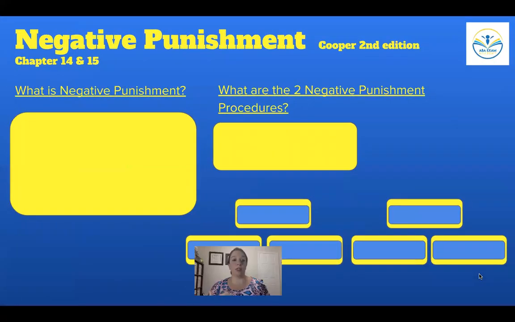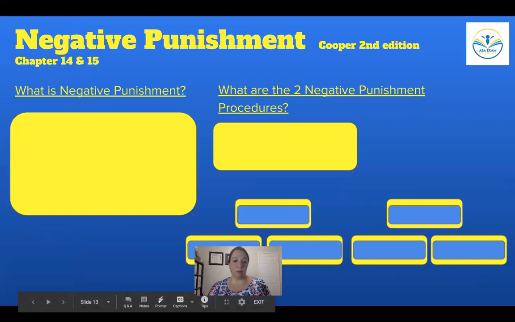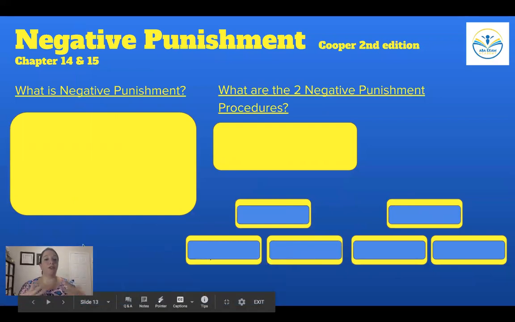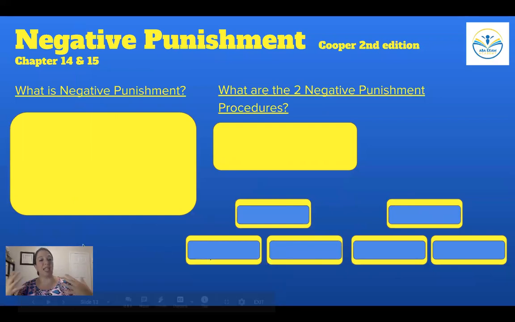All right, we're gonna move on to negative punishment now. Different from positive punishment, what is negative punishment? Anyone want to volunteer? We talked about positive punishment being the addition. So what is negative?